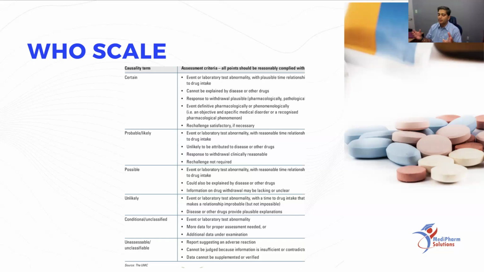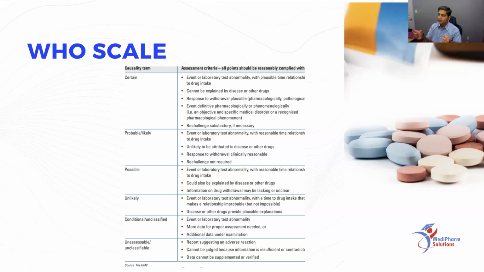I'm just giving an example. So let's say the patient takes the drug at 6 p.m. It will stay in the body until 6 p.m. the next day. The concentration will go to zero only at 6 p.m. the next day. So your adverse event of fever and vomiting, which occurs at 9 p.m., maybe it is plausibly related, time related, temporally related. Time and temporal are the same.